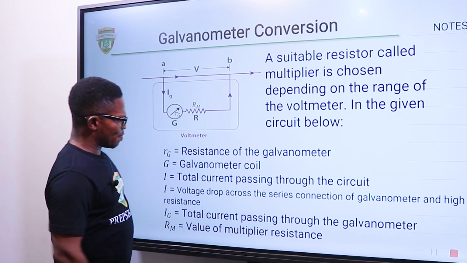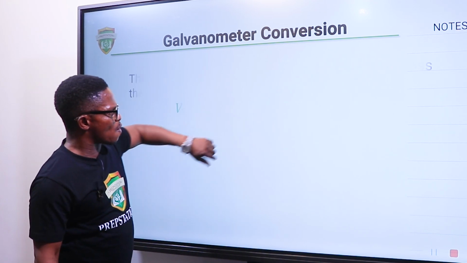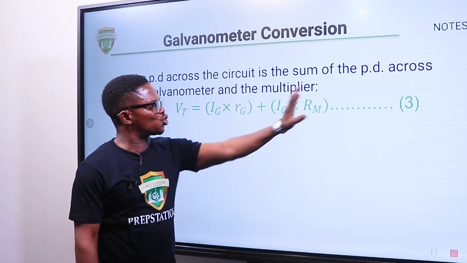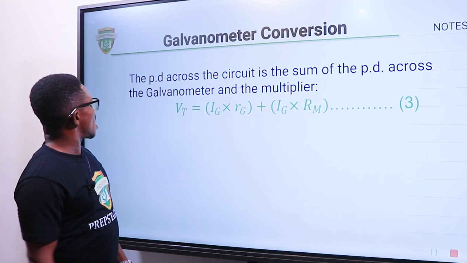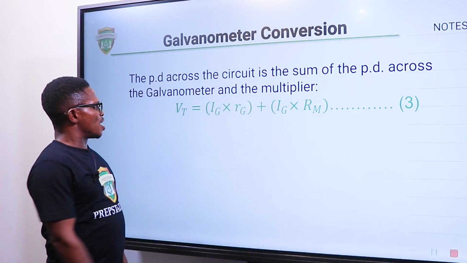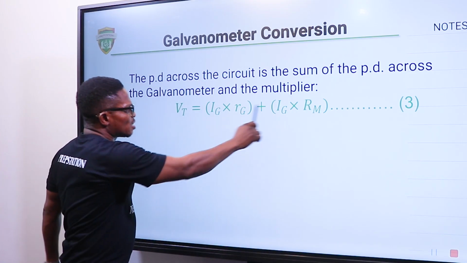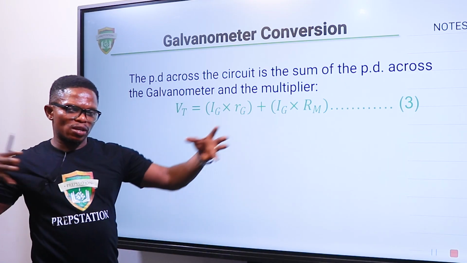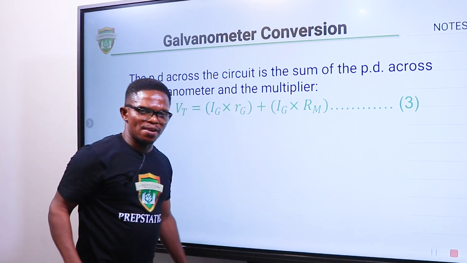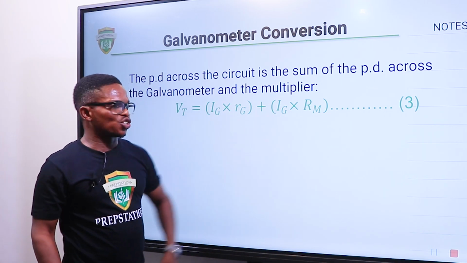Okay, I've explained all of this, and then let's quickly see the formula. Now, the PD across the circuit is the sum of the PD across the galvanometer and the multiplier. Okay, how did we arrive at this formula? Let me explain again. In series circuits, the same current flows. In the same series circuit, the potential difference is the algebraic sum of the potential difference on each component of the circuit.